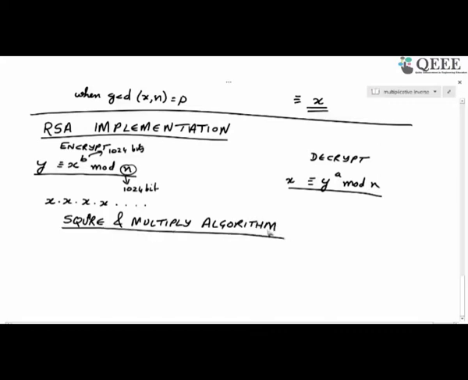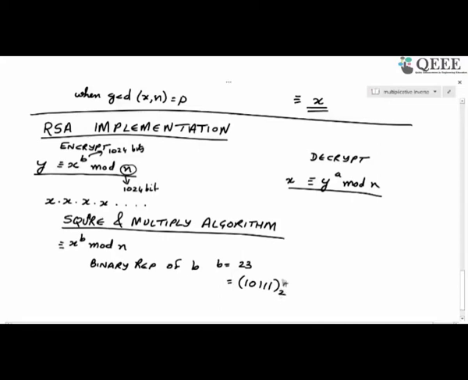Okay, so let us say that we want to compute x to the power of b mod n. The first thing that we do is we take a binary representation of b. So for example, if b equals 23, then its binary representation is 1 0 1 1 1.